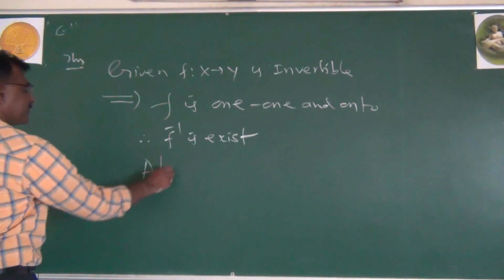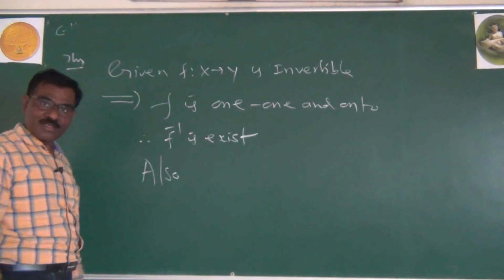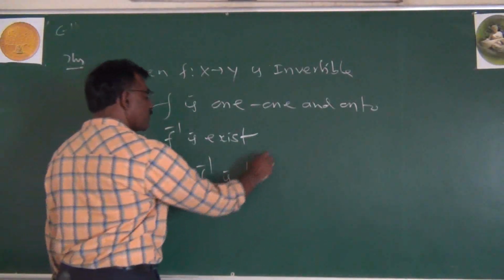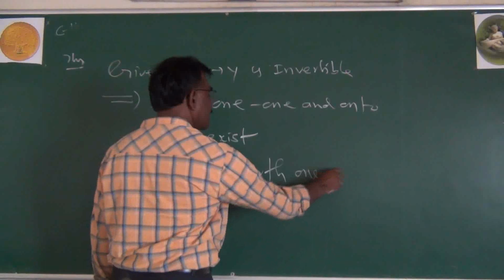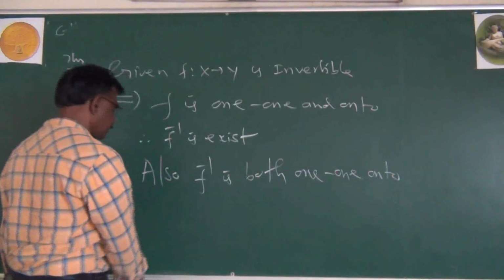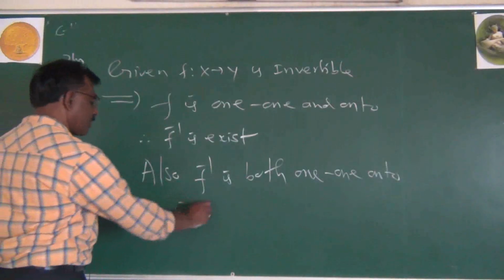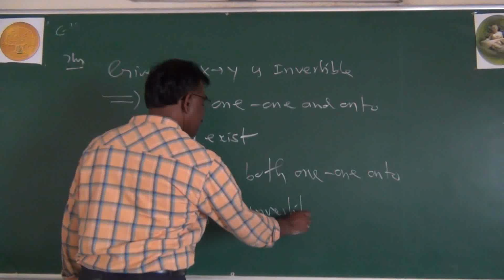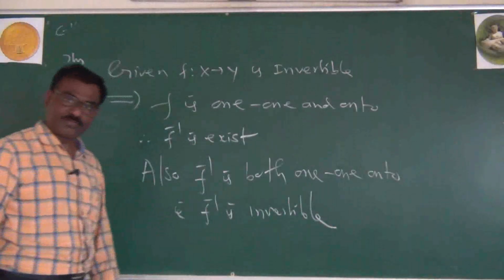Also, very important, f inverse is both one-one and onto. That is, f inverse is invertible. So f inverse of inverse exists. Very simple. F is one-one and onto, f inverse exists. Also f inverse is both one-one and onto. It is a bijection. When f inverse is both one-one and onto, f inverse is invertible.